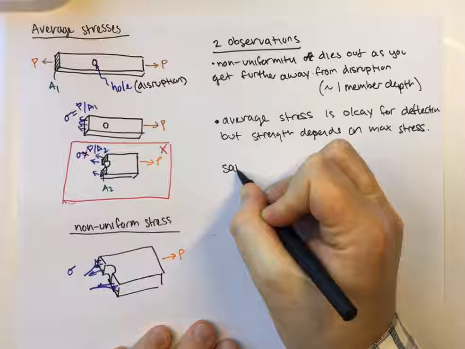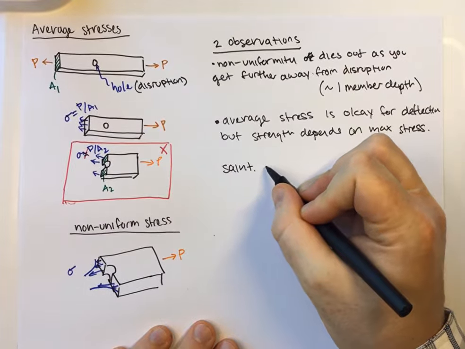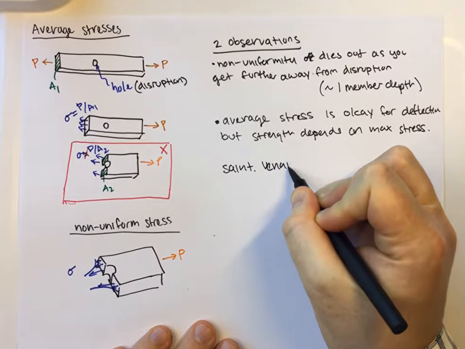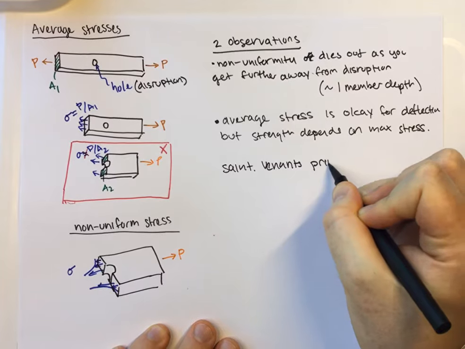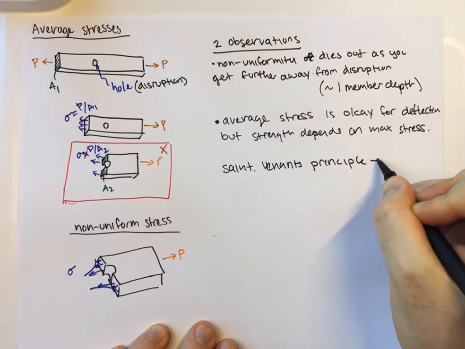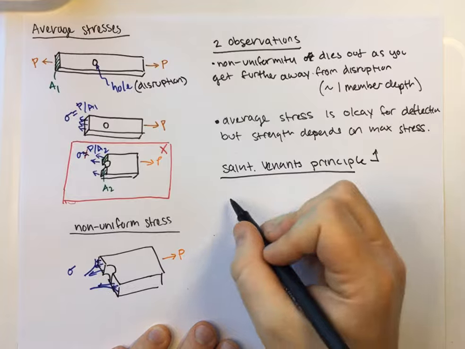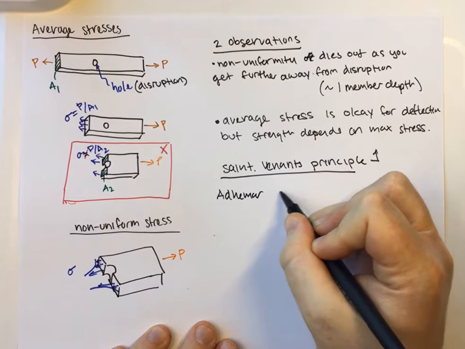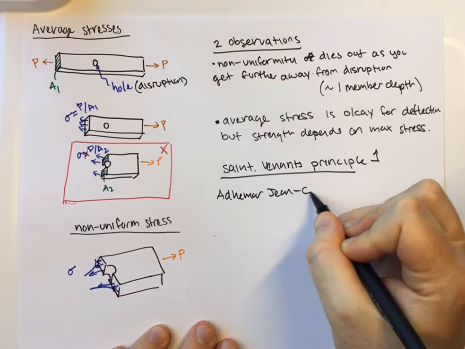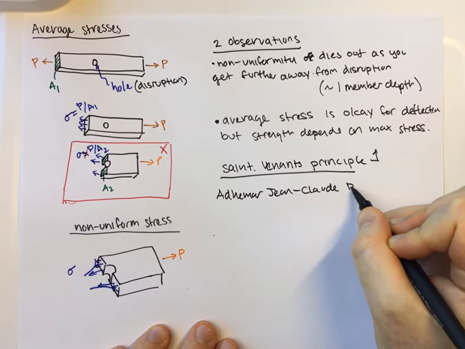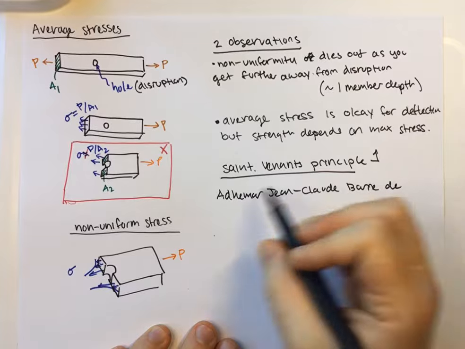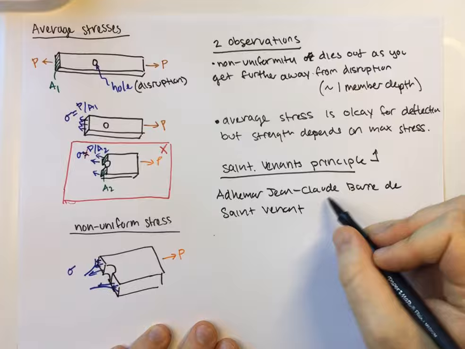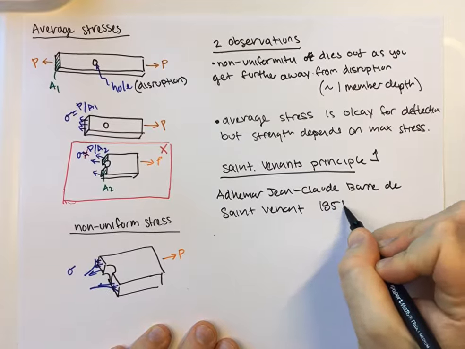And this concept that we're talking about here is St. Venant's principle. And it is attributed to Adhémar Jean Claude Barré de St. Venant. It's kind of a mouthful, but that's back in 1855.